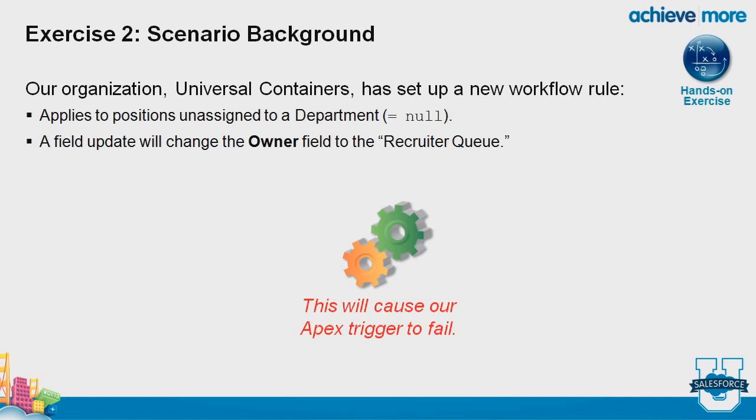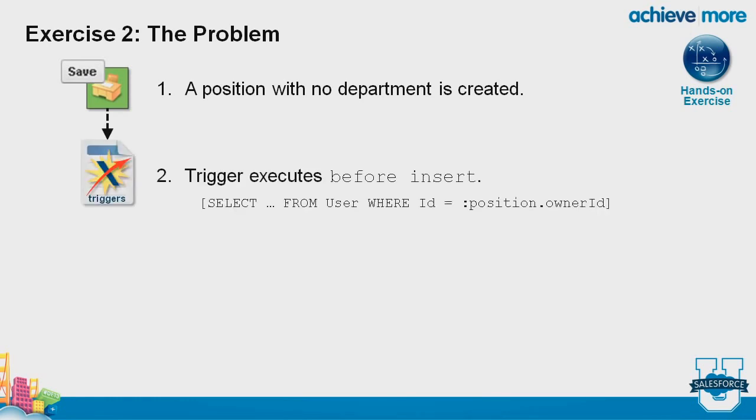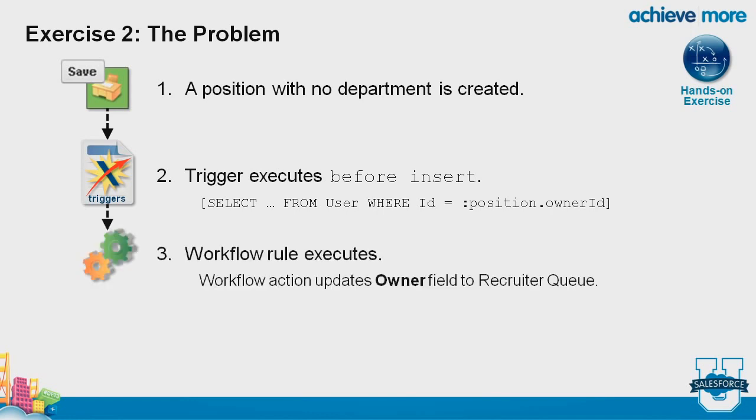All right. So our triggers will fail. What's the problem? We create a position that doesn't have a department assigned. Then the trigger that we wrote goes into the user record, and based on the owner ID, brings the user that owns that position.